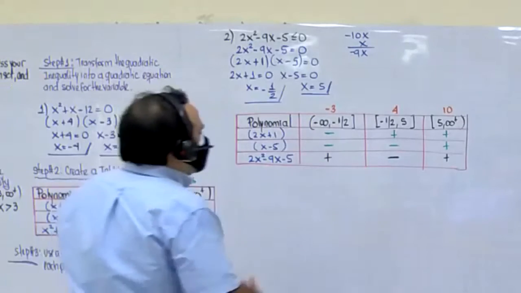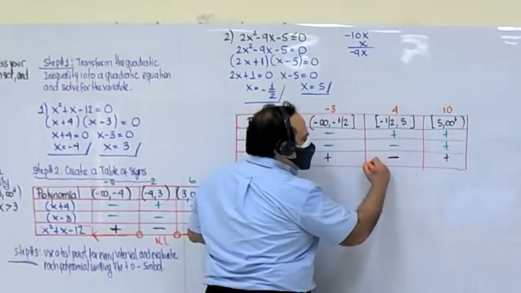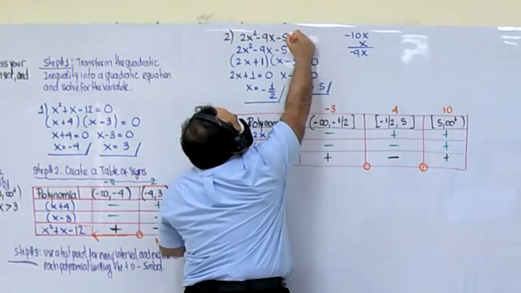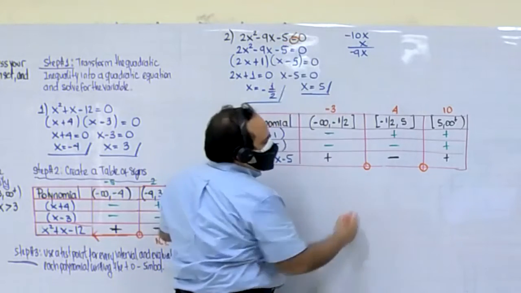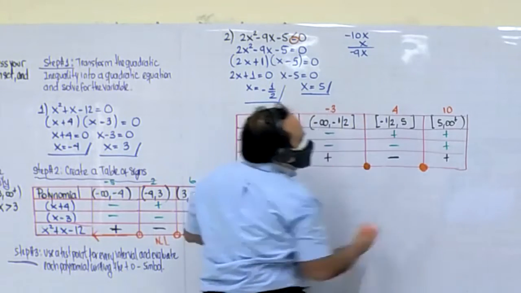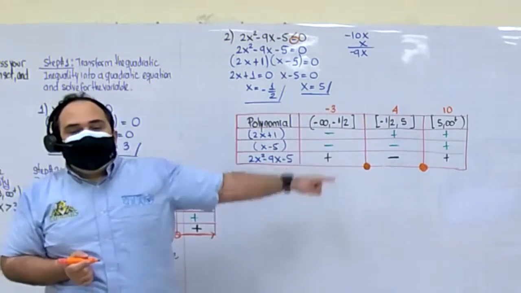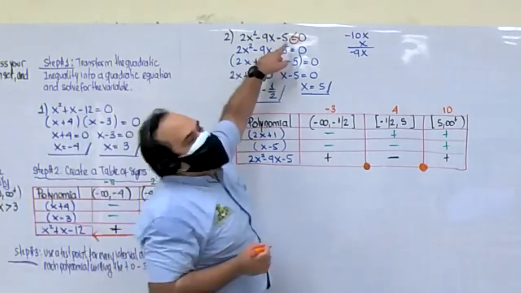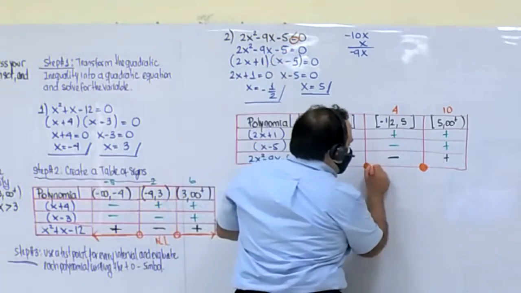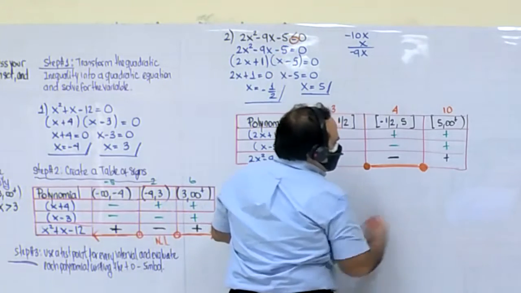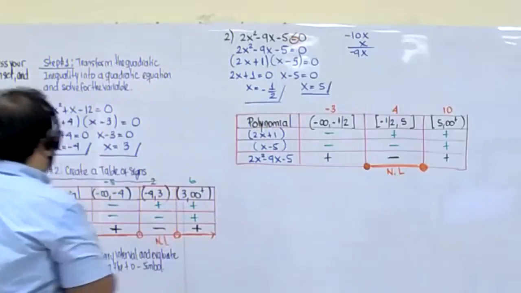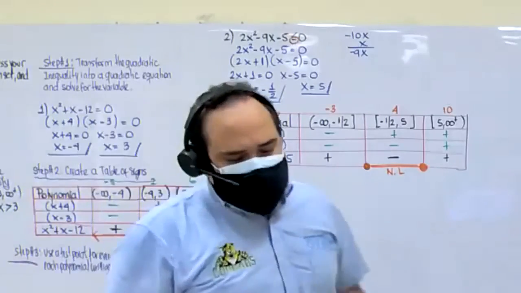For that reason, this time I'm going to draw the circles. And because this time I'm including the equal sign, I'm going to paint the circles and the graph will be located in the negative side because the problem says less than or equal to 0. Over here. And this is going to be the number line, right? The solution set.